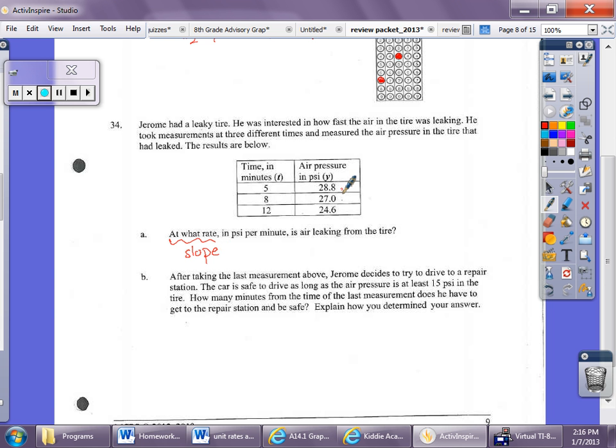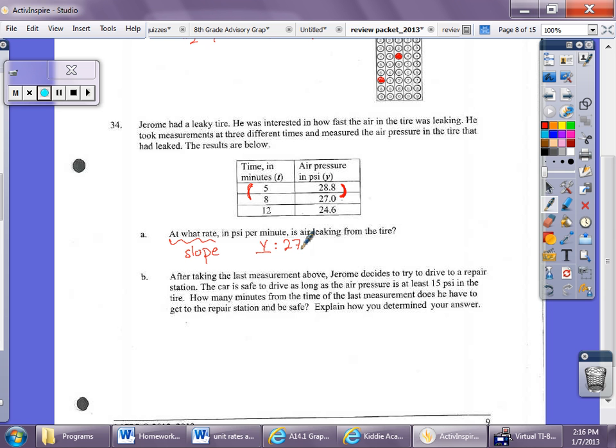Well, we know that for this one, we're going to select 2 of the points. It doesn't matter which 2 you select, you'll still get the same answer. So if I select these 2 points, my y value is going from 28.8 to 27.0.